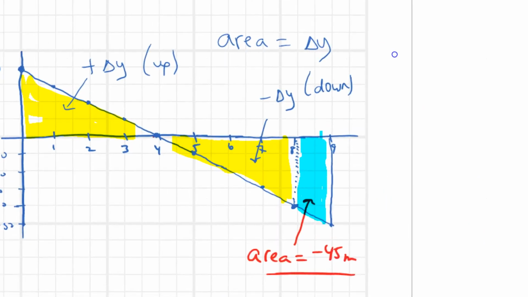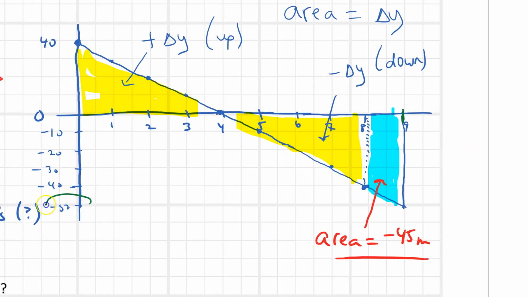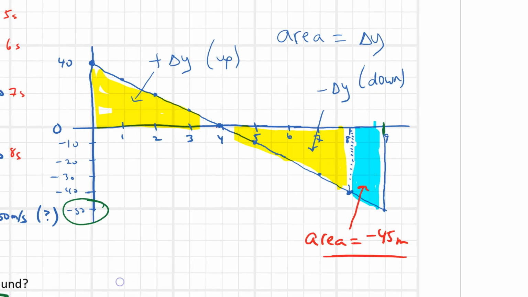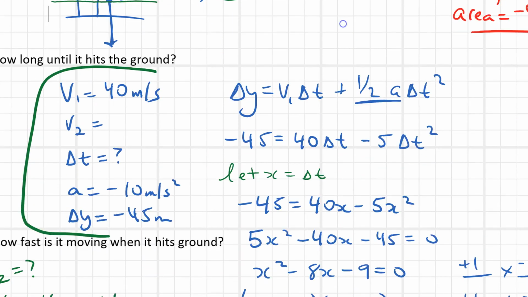I got it right when I put this on the 9, even though I didn't know for sure. At 8 seconds it was going downwards at 40, and at 9 seconds it would be going downwards at 50. So that works out. With my diagram I should have drawn the line just right there, because it would have hit the ground exactly on that second spot.